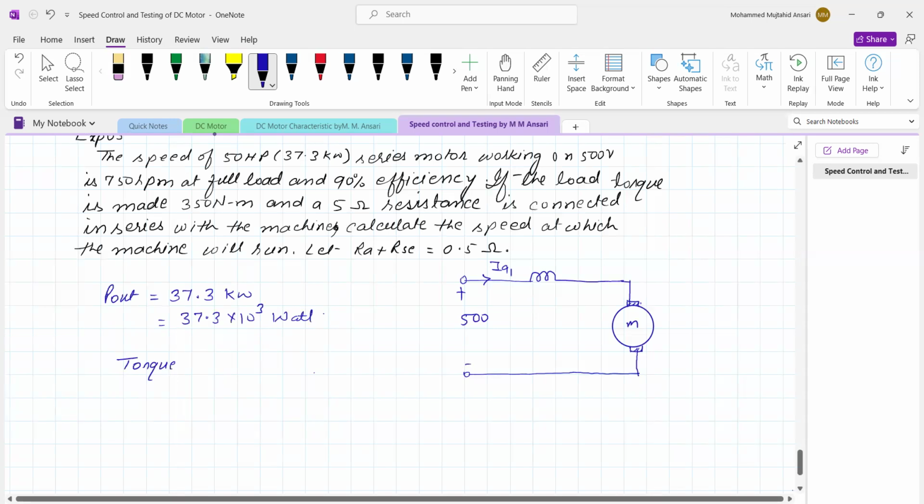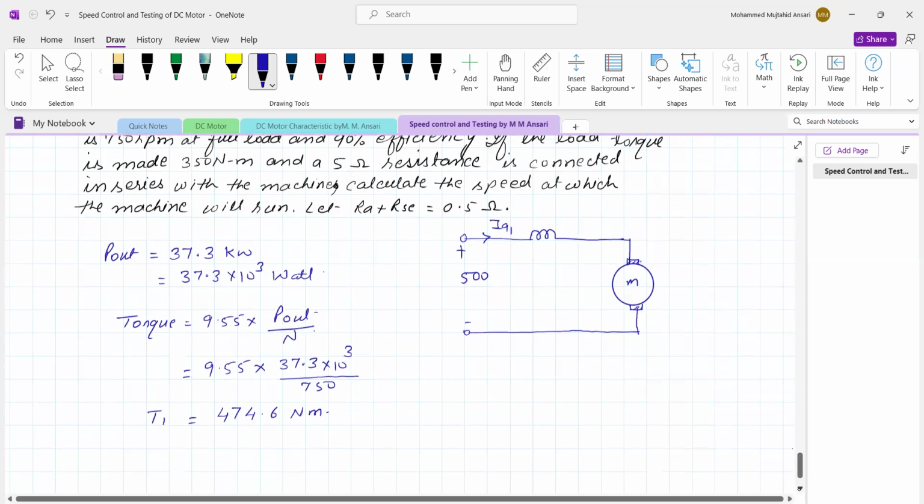So torque is equal to 9.55 into P out upon speed, which is 9.55 into 37.3 into 10 raised to 3 divided by 750 RPM. So it is equal to 474.6 Newton meter. So torque at full load is found.